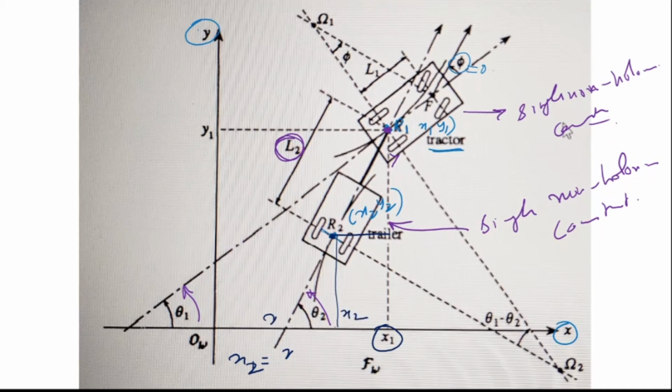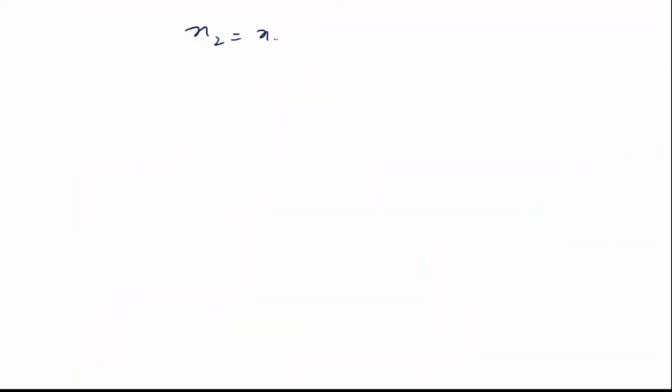So x2 is equal to x1 minus L2 cos theta 2. There is one geometric constraint we have, and y2 is equal to y1 minus L2 sine theta 2. So we have these two conditions from the geometry: x2 is equal to x1 minus L2 cos theta 2 and y2 is equal to y1 minus L2 sine theta 2.